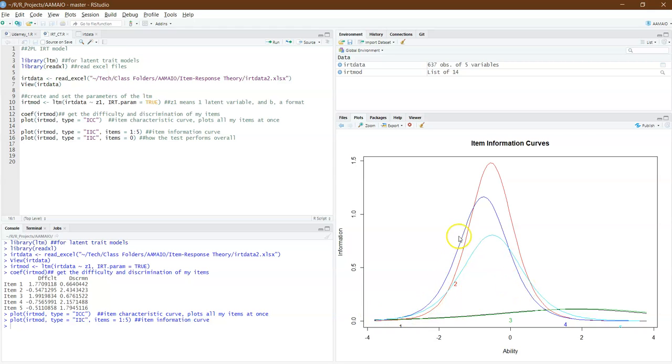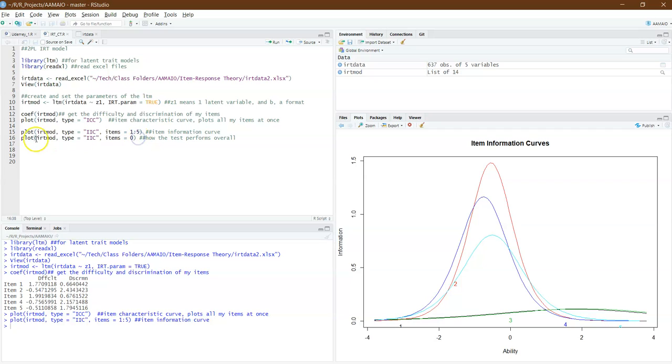So I would want these to be more normal. I would definitely want them to be more over to the right. Again, you see that items 1 and 3 are giving me no information. However, item 2 is giving me the most information, but it's still giving me the most information below the ability that is desired or that the test was intended to.